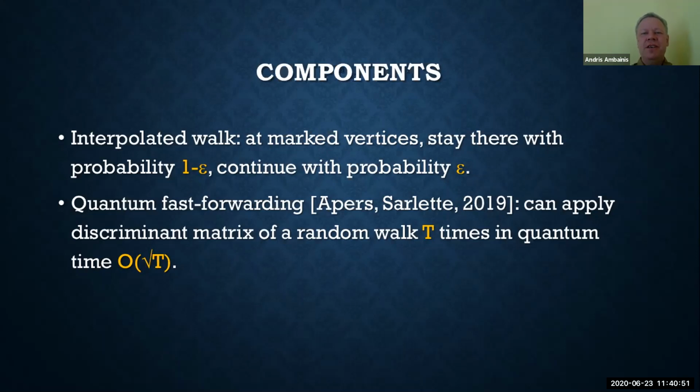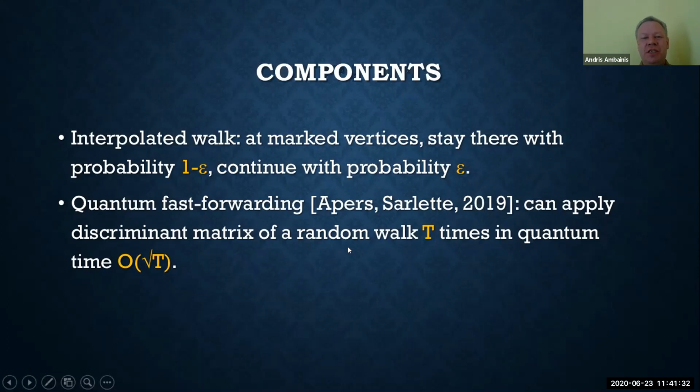The third technique is a recent tool called quantum fast forwarding, which provides a quadratic speedup over random walks in a certain weird sense. We can apply the discriminant matrix of a random walk to a quantum state t times in quantum time of order square root of t. So we start with the interpolated walk and then apply quantum fast forwarding to it.